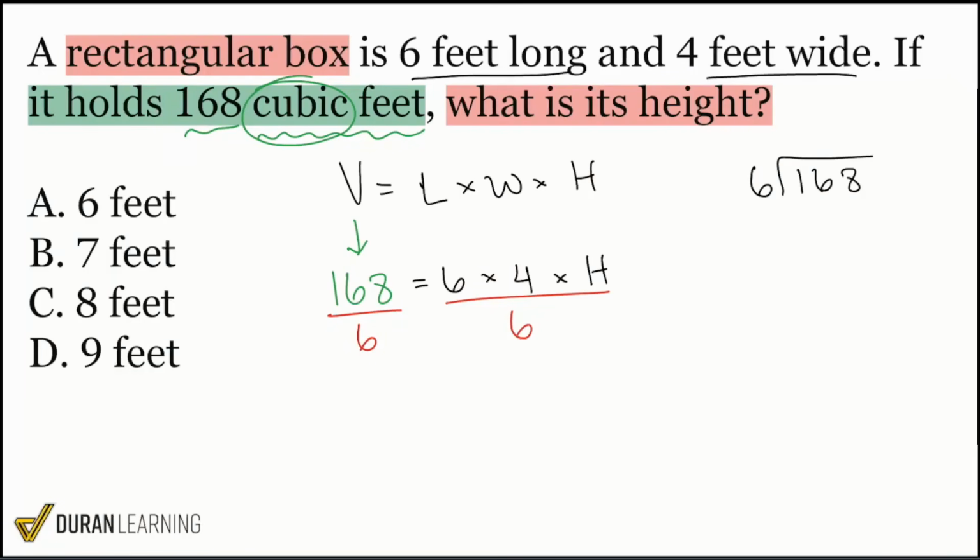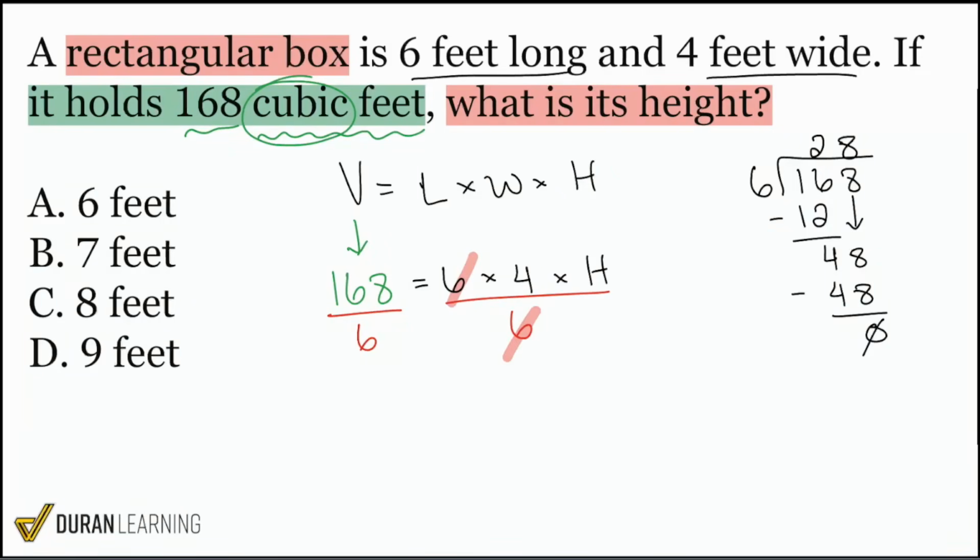Because 6 going into 168, check this out, goes twice. 2 times 6 is 12. We have 4 left over, and we drop the 8. From here, 6 goes into 48 eight times. So that's a clean 48, no remainder.